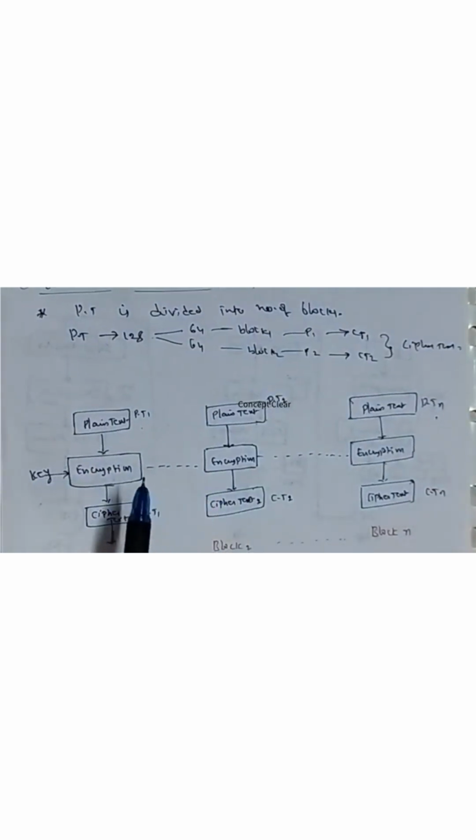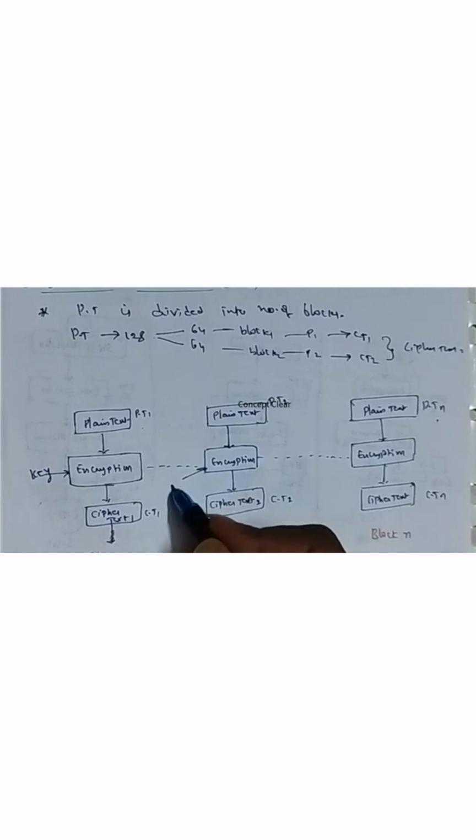Here the procedure is that the plain text is divided into a number of blocks, block 1, block 2, up to block n, and each and every block performs encryption with the help of the key. After encryption, we get ciphertext 1 for the first block. Again, the second block of plain text performs encryption with the same secret key, and we get ciphertext 2.